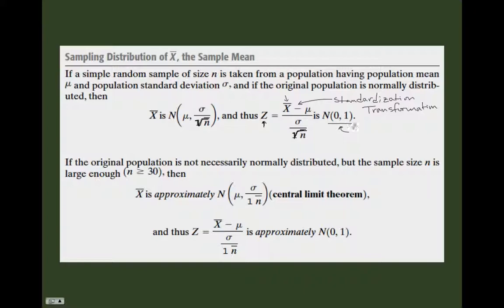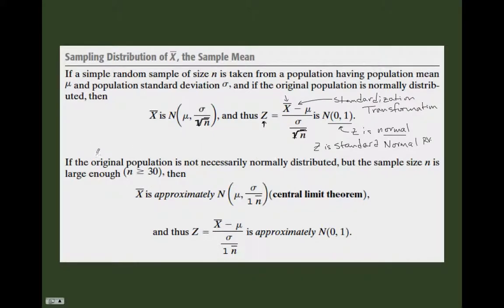Z is always normal, and specifically it's always the normal distribution with mean 0, standard deviation 1. That's why we call it the standard normal RV, for random variable. So Z is standard normal always.